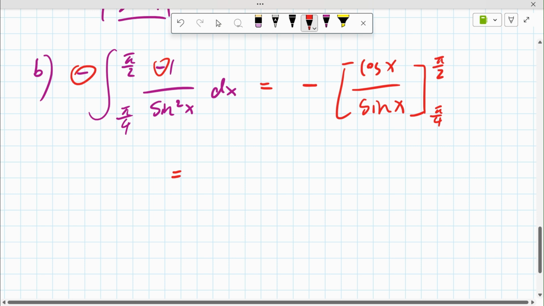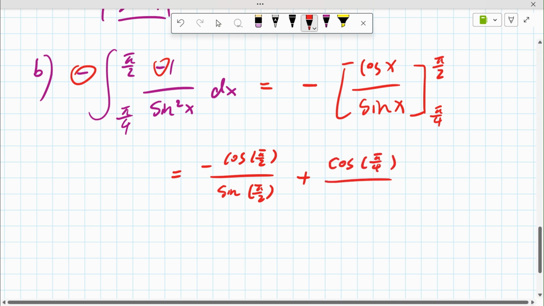So negative cosine half pi over sine half pi, so that's 1, 0, and then plus cosine pi over 4 over sine pi over 4.